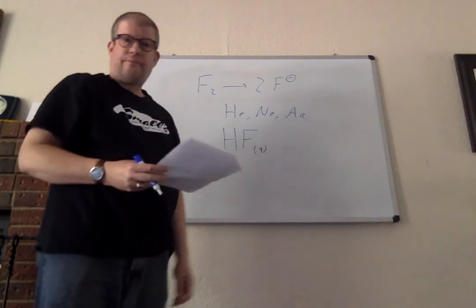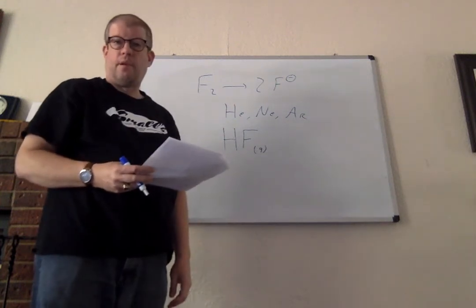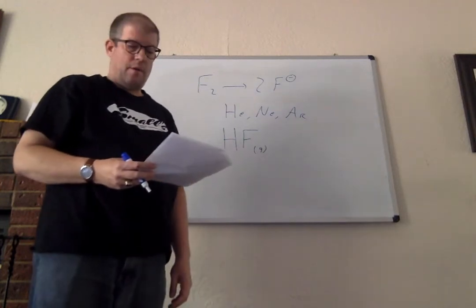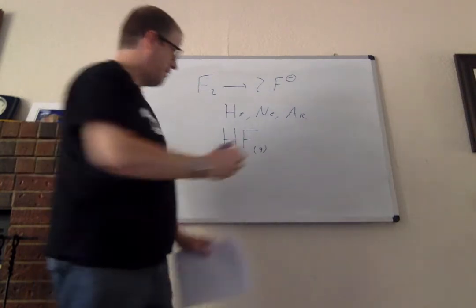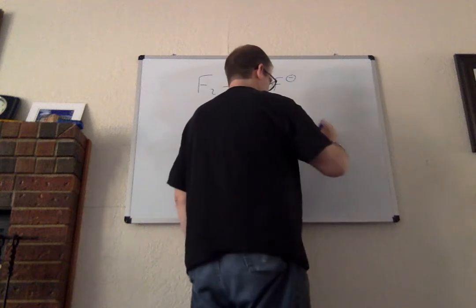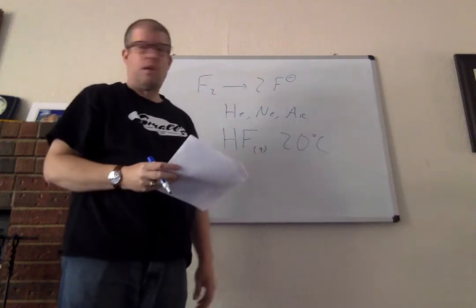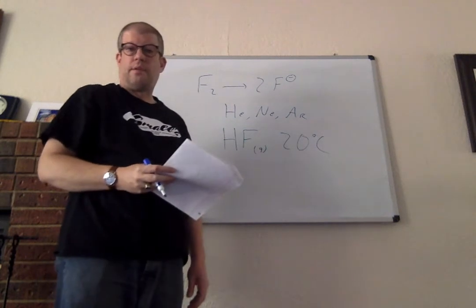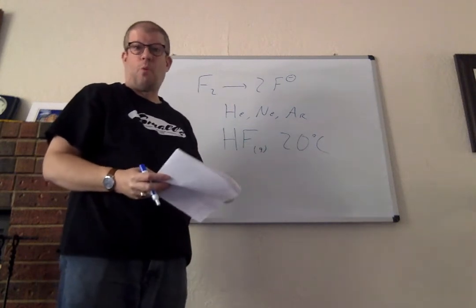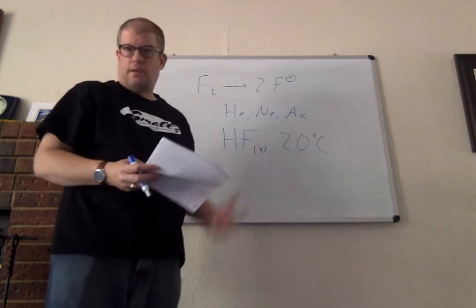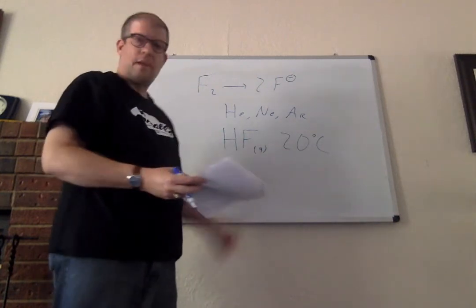This stuff is very corrosive on its own, and it has an unusually high boiling point of around 20 degrees C. So it is a gas at room temperature, but just barely. And the reason for that, of course, is hydrogen bonding. The same reason why water has an abnormally high melting and boiling point. Same with ammonia, same here.